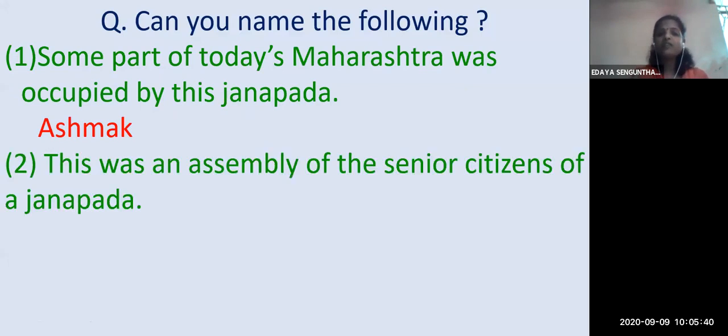This was an assembly of the senior citizens of the Janapada. Somebody else wants to answer? Senior citizens, a group of senior citizens came together. What was the name of that assembly, in which senior citizens were discussing the administrative issues?